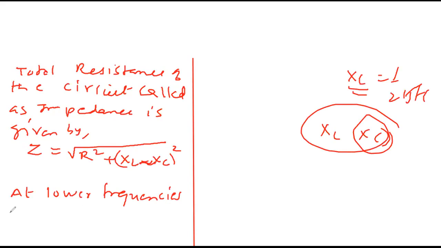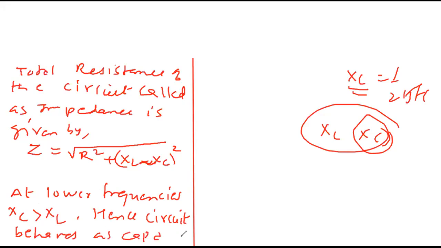So at lower frequency, XC is greater than XL. That means effect of capacitor is dominant as compared to inductor.